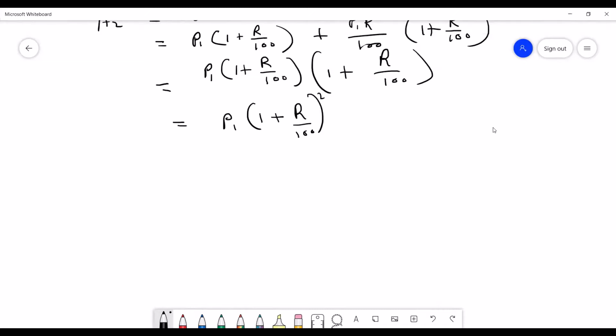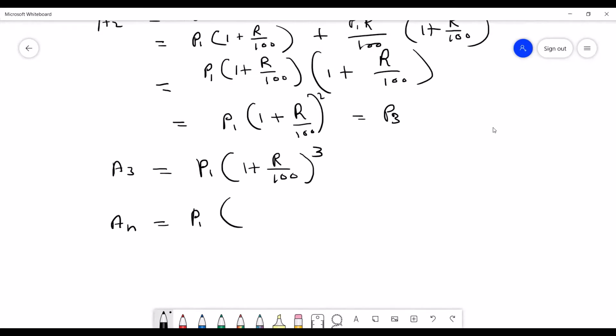So this will be the amount that we consider for P3, and for P3, A3 will be P1 into 1 plus R divided by 100 cubed. If we proceed in this way, then the nth amount An will be P1 into 1 plus R divided by 100 to the power of n.